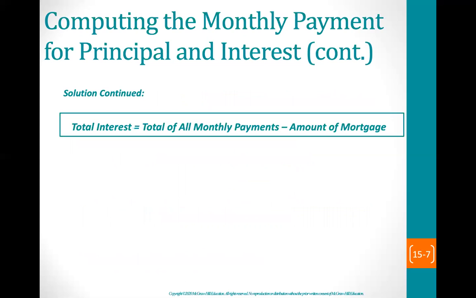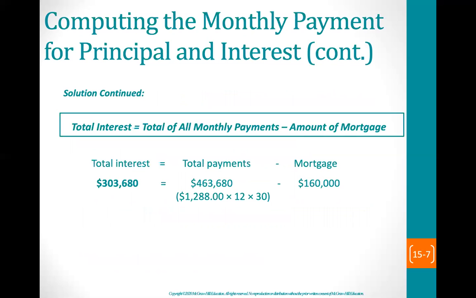So to calculate the total interest, as we remember from chapter 14, it's the total of all monthly payments minus the amount of the mortgage. If he's making 12 monthly payments for 30 years of $1,288, he's going to total pay $463,680. His mortgage was only $160,000.